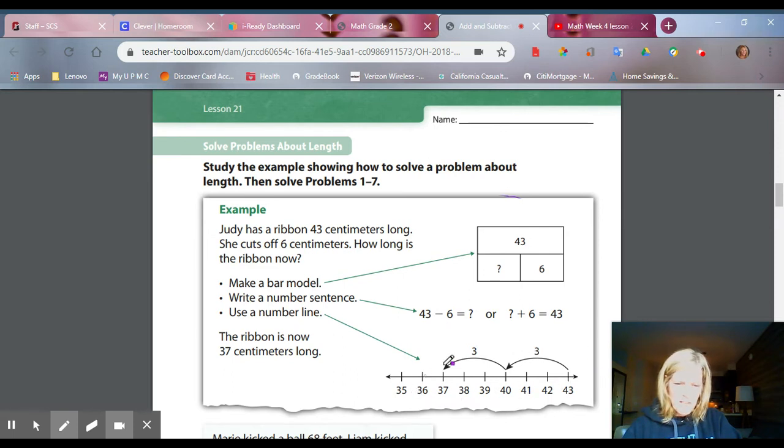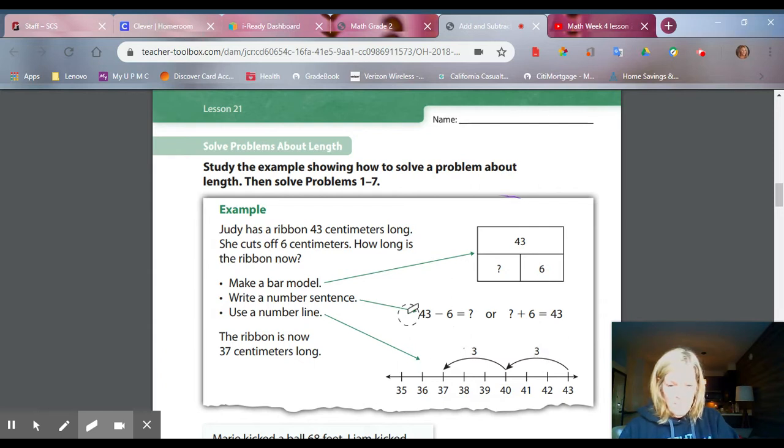Finally, they show you using a number line. They started this number line at 35 and ended it with 43. So doing 43, take away 6, but for some reason, and I don't know why, they split the 6 into 3 and 3. You know 3 plus 3 is 6. Why they just didn't count out 6, back 6, I have no idea.